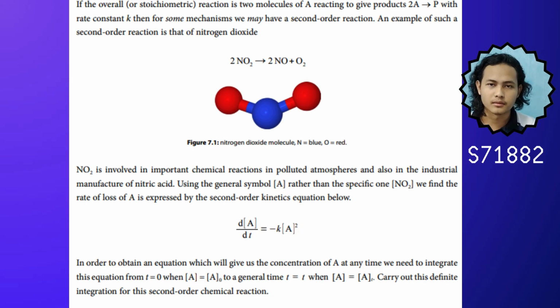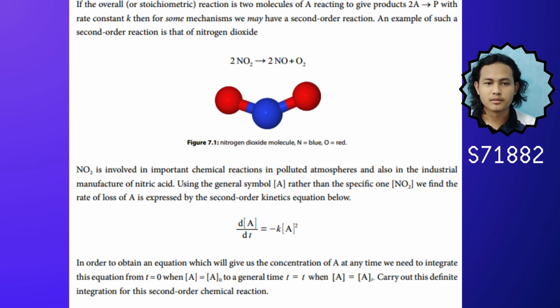So for our question, we got question 8, which is a second order chemical reaction, where the rate of loss of A is expressed by the second order kinetic equation below, which is dA/dt equals negative kA^2.